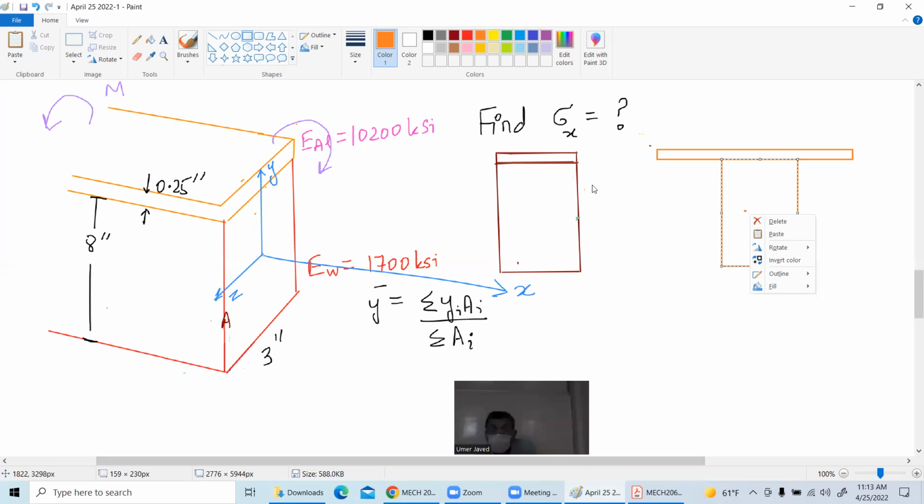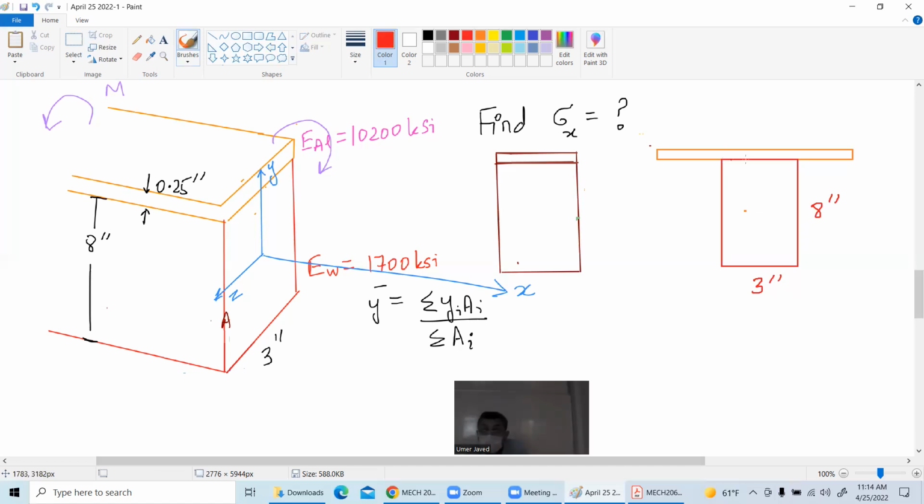Okay, on that note, why don't you help me? So this is your 3 inch. This is my width of, hang on, what is the width? Anyone? 8 inch. Height of 8 inch. So this height is 8 inches.